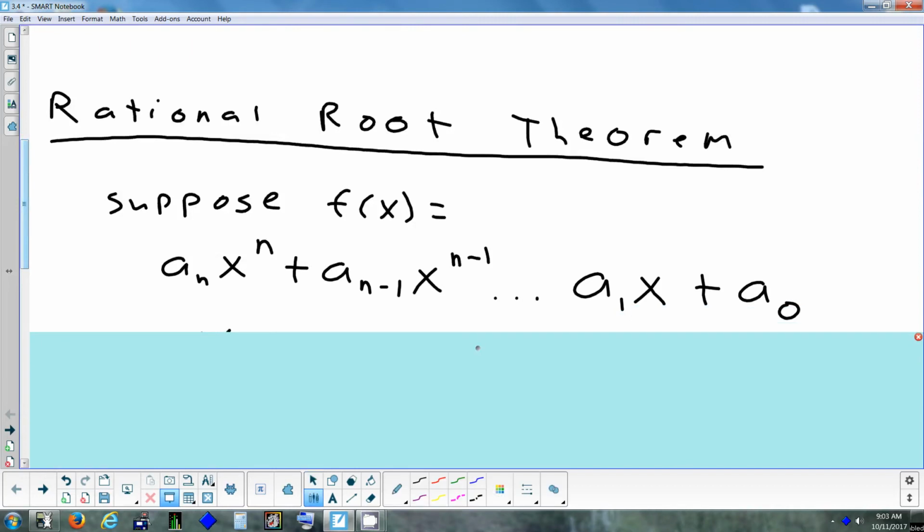All right, so suppose you have some polynomial written in descending order, like 3x to the 5th plus 2x squared minus 8x plus 7. Highest to lowest exponent.